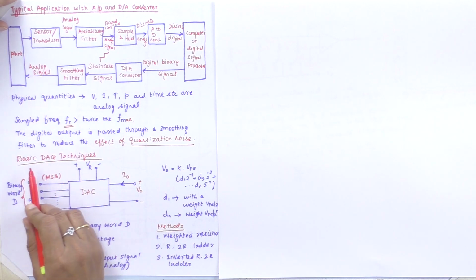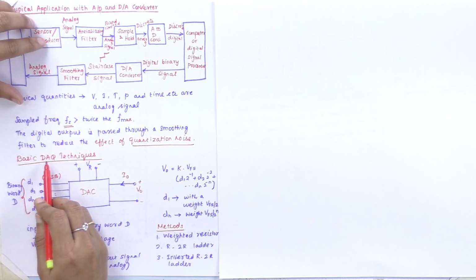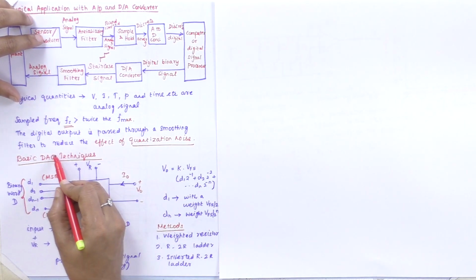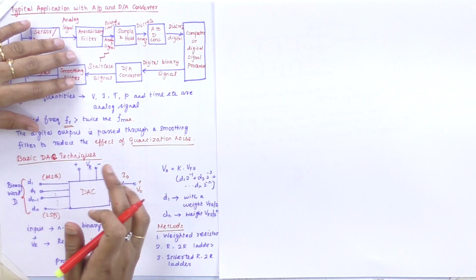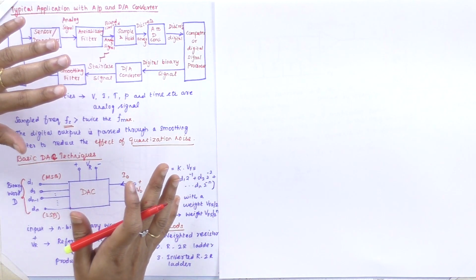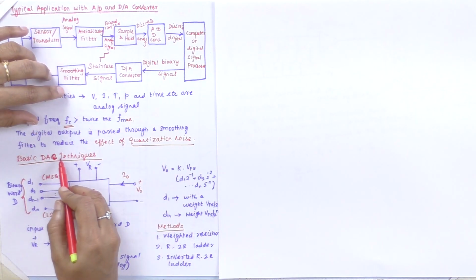The next topic is basic digital to analog converter, DAC techniques. The DAQ is nothing but data acquisition, but DAC is nothing but a digital to analog converter. Here the input signals are binary words and the output will be an analog signal.